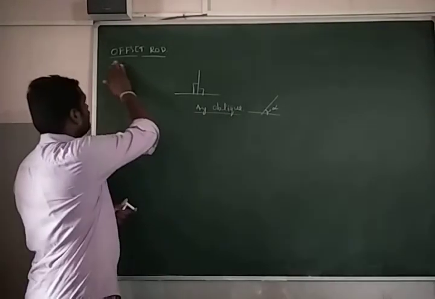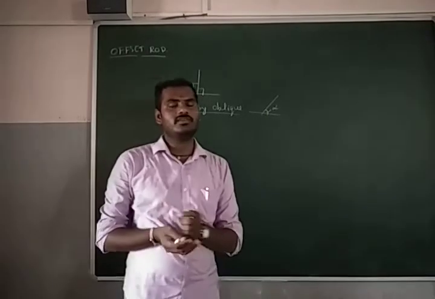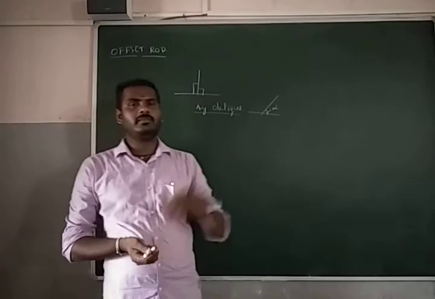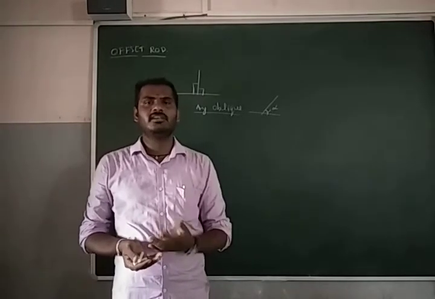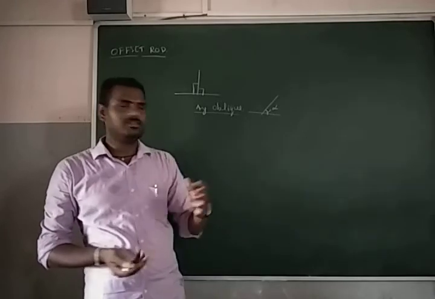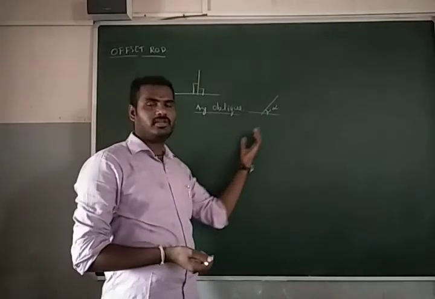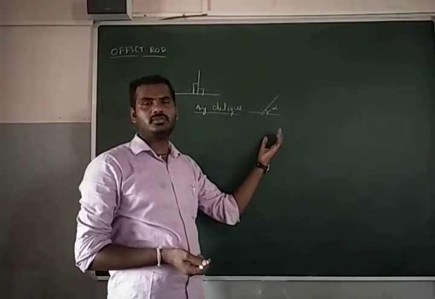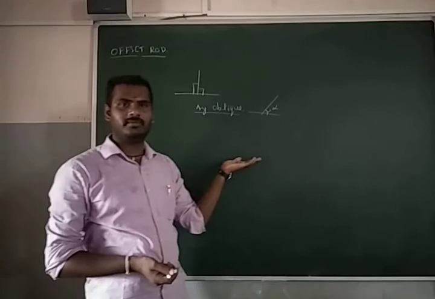So now let me give you an introduction regarding the offset rod. Generally, as we know, we have different types of surveying works. Even in chain surveying, some surveys are very important and some may not be that important. We need to do some rough work as well as some detailed work.